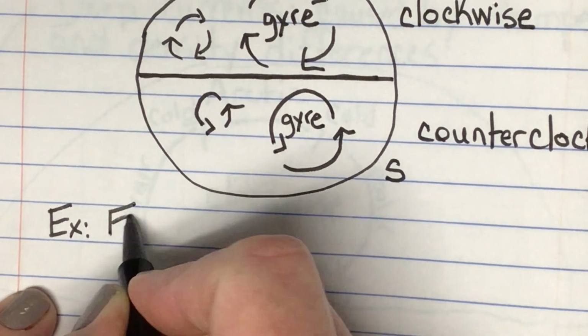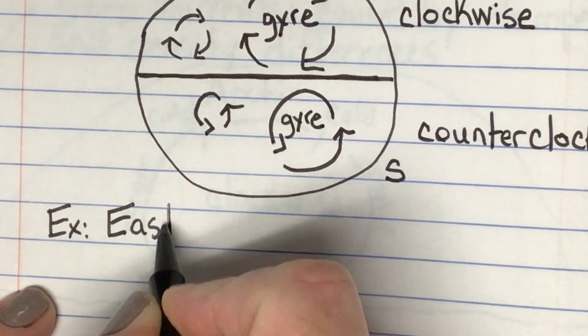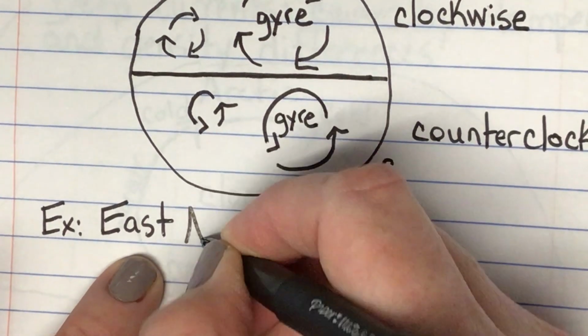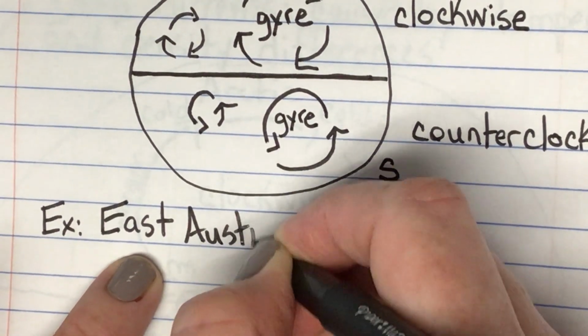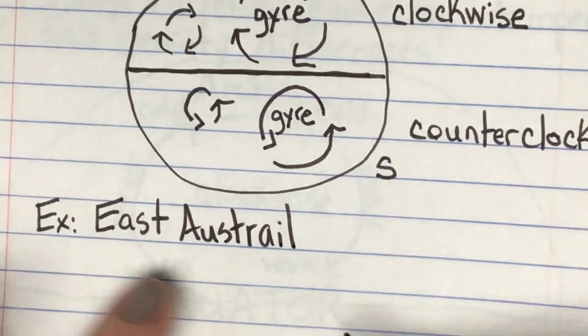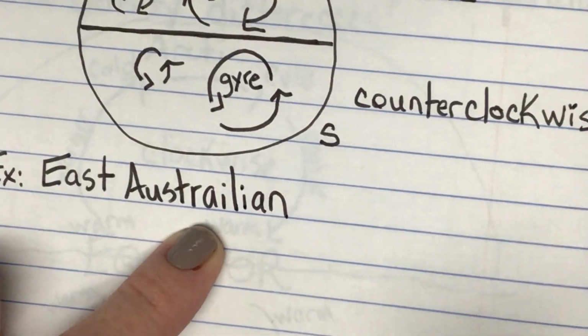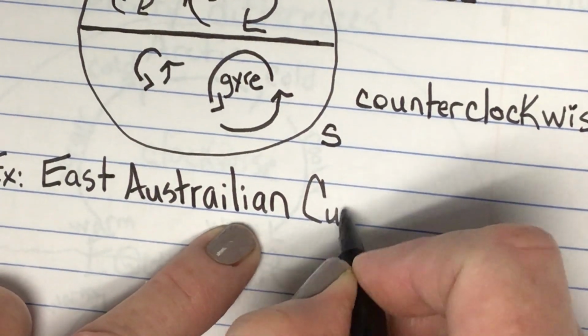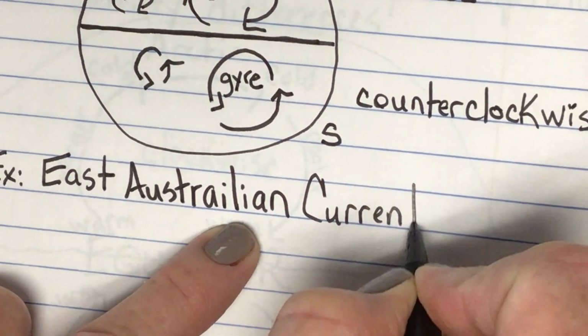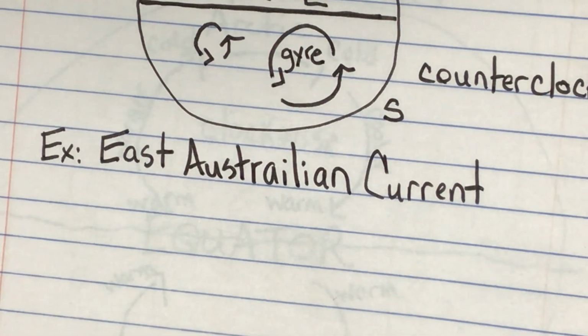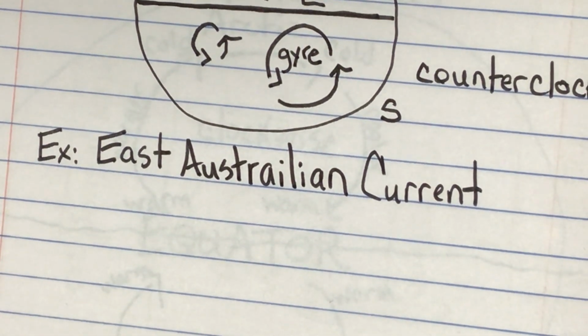Some of y'all remember the name. The East Australian Current. If I misspelled that, I'm sorry. There is a current called the East Australian Current, and that was just one example. But it's nature's underground subways.